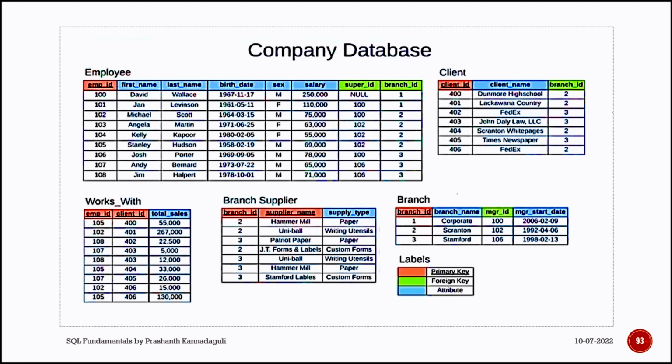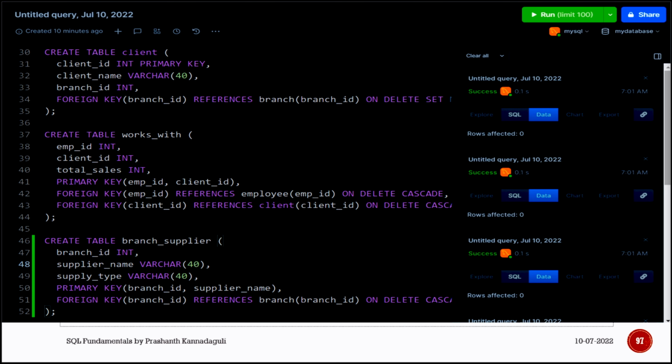How to create that? Also remember, branch supplier also requires the same. This is how you make two columns a primary key, or in general, how a composite key can be generated in this fashion.